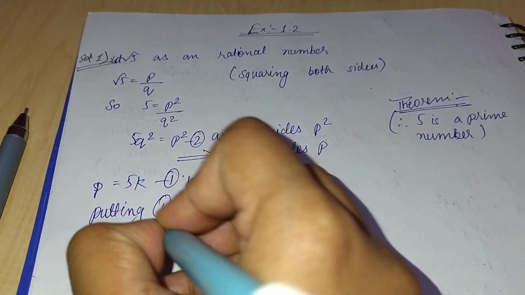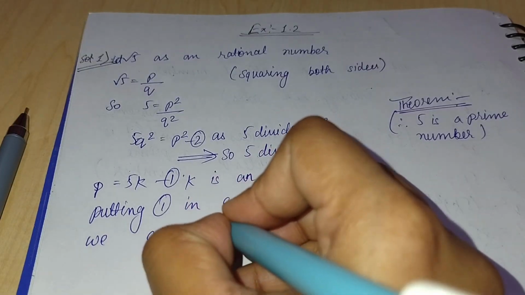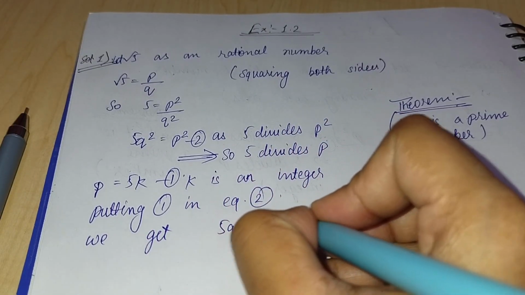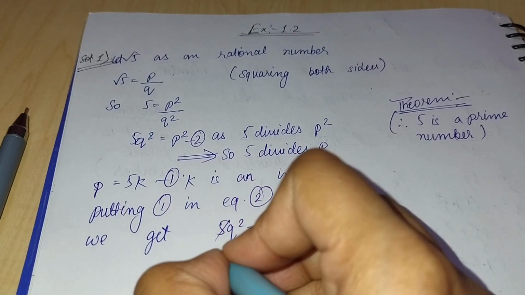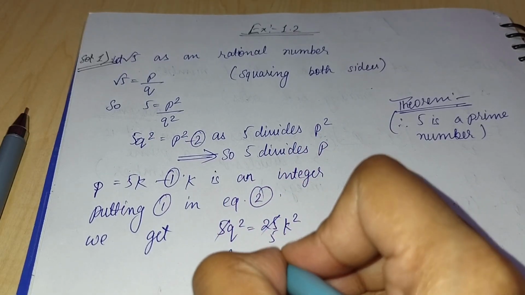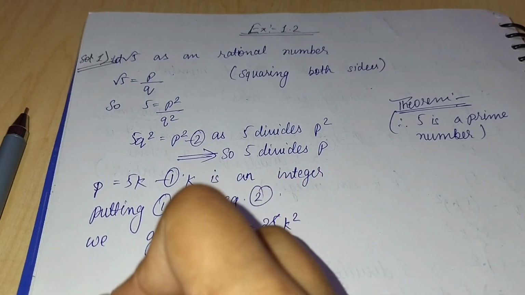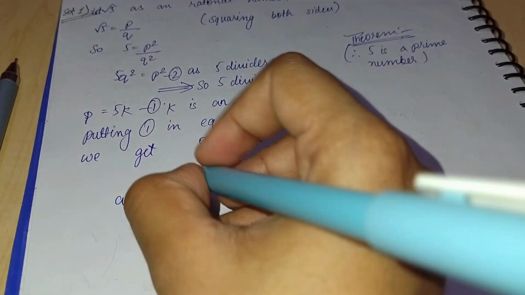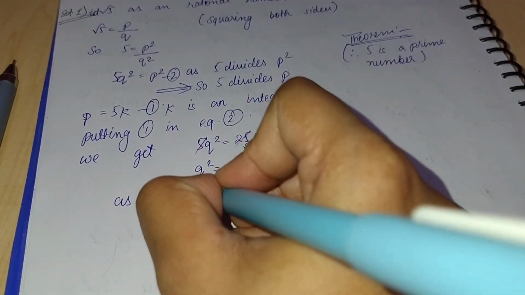Putting first equation in equation 2 which is given here, we will get 5q square is equal to 25k square, because we have to square the p in the second equation. Then 5 and 25 we will cut it.